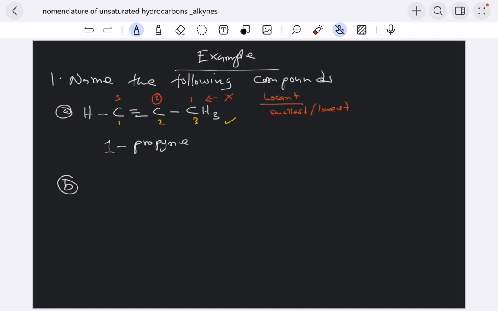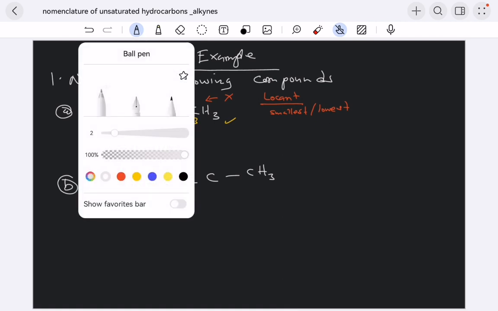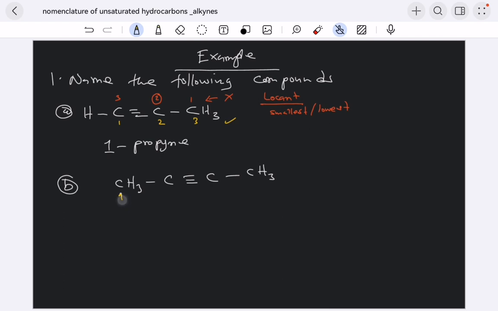So let's say we have CH3, then C triple bond C, then CH3. So in this case, we can do the counting. We'll do the counting using the yellow, where we say 1, 2, 3, 4.